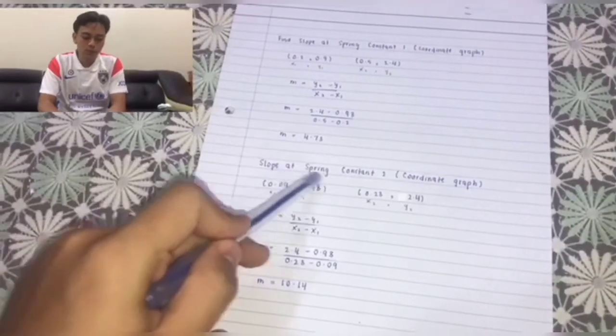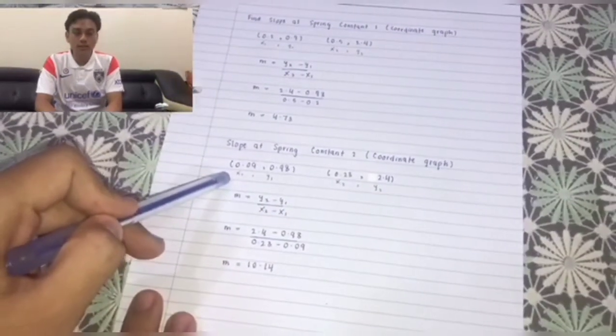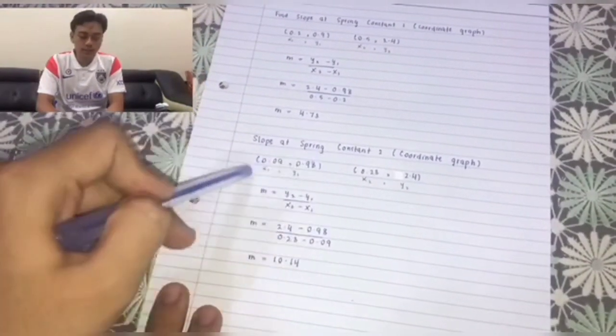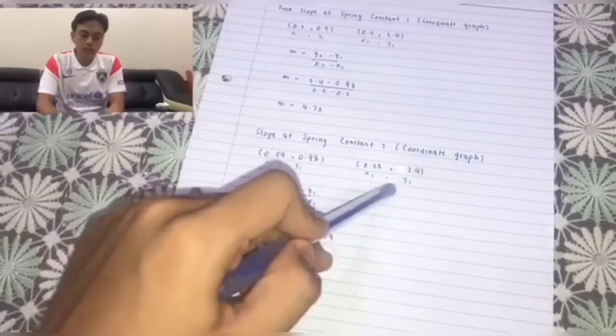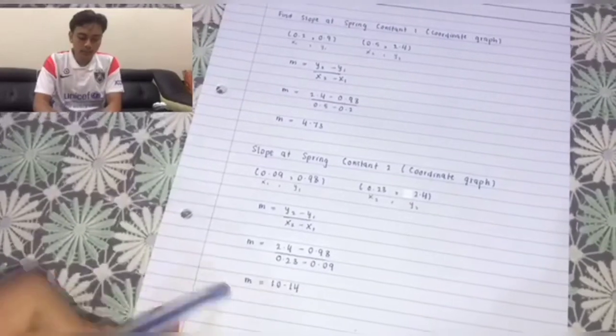For the slope of spring constant 2, just as for spring constant 1, we take any coordinates you want. Just like me, I take 0.09 and 0.98 for the first coordinate and 0.23 and 2.4 for the second coordinate, and we can get 10.14.